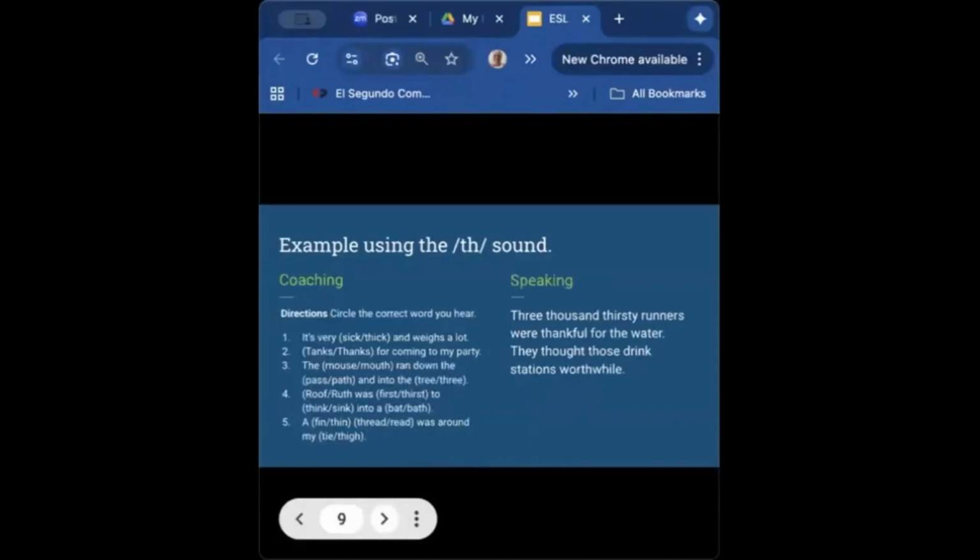Then I created coaching that gives you a sentence like, it's very sick or thick and weighs a lot. So which sound would be the correct sound? And so they get the practice of hearing the sounds and then producing the sounds. And then they can have a tongue twister, something like, 3,000 thirsty runners were thankful for the water.